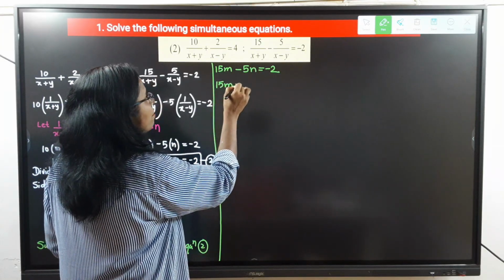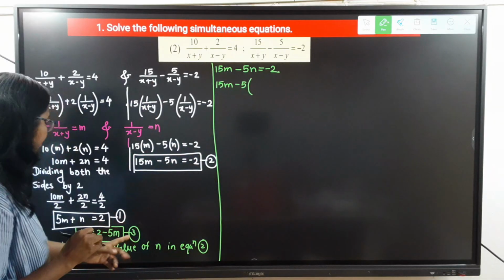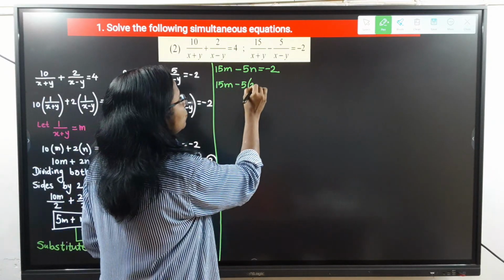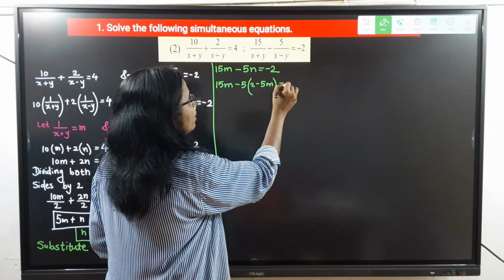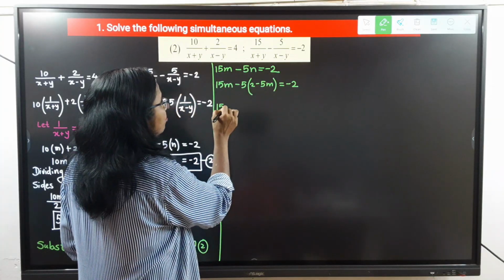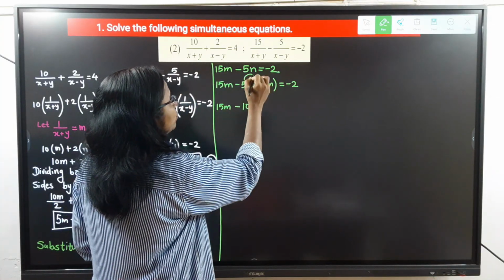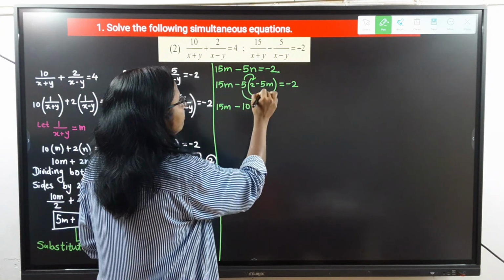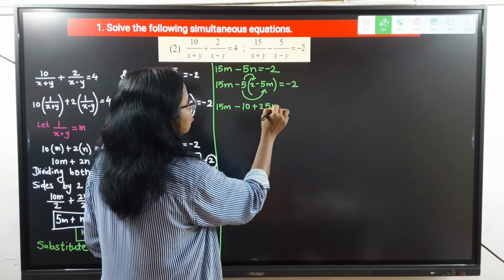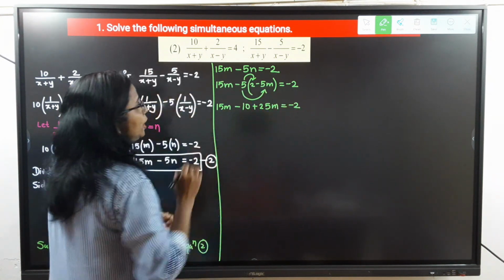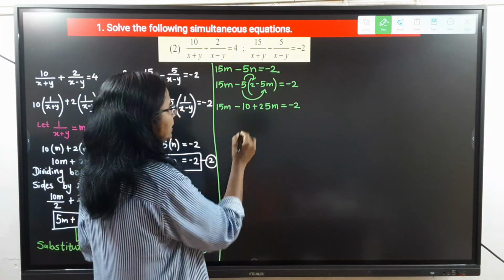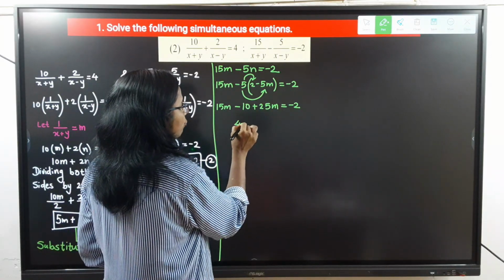So now 15m − 5 × (2 − 5m) = −2. Therefore, 15m − 10, 5 twos are 10, plus 5 fives are 25m, = −2. Therefore, 15m + 25m, that will be, students, 40m.